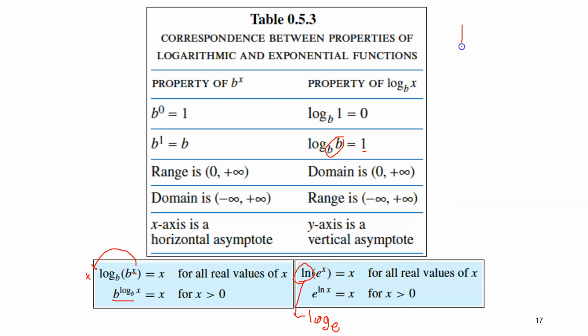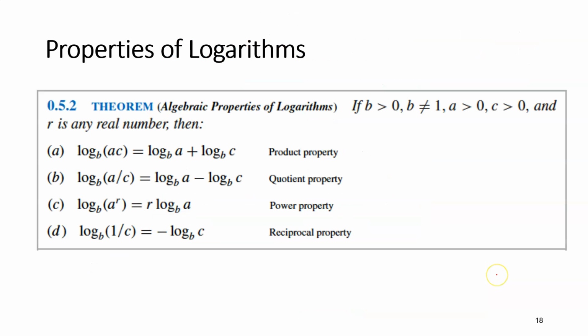Biasanya kalau log ni yang kita selalu sebut, this is actually log base 10. But for ln, you will have log base e. That's the difference, log and ln. Okay, so you will have exponent ln x, you get back x. So these are the properties of logarithms.